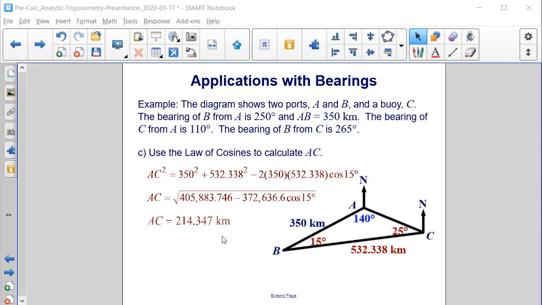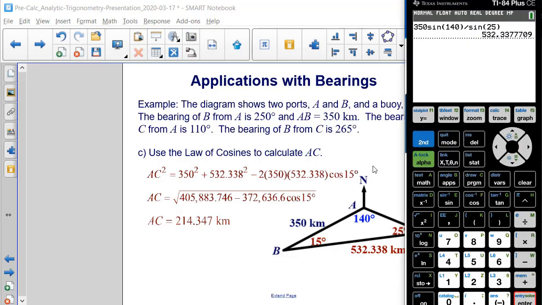And when we do put that into a calculator, we want to do the square root of 405,883.746 minus 372,636.6 cosine of 15, close parenthesis, equals 214.3465.